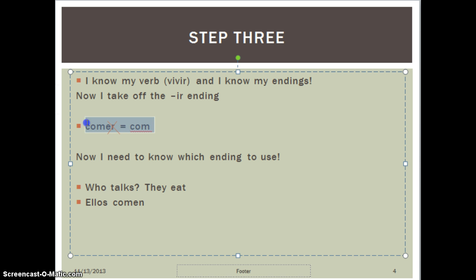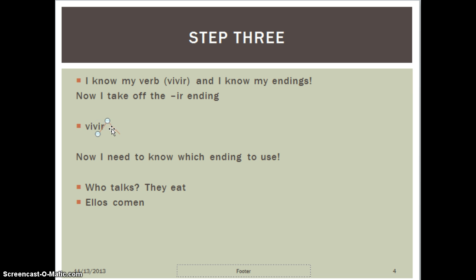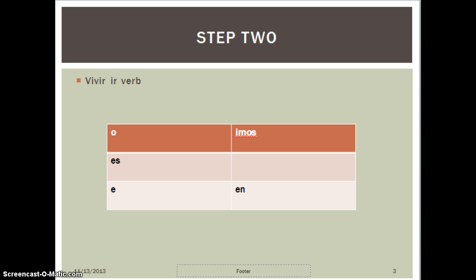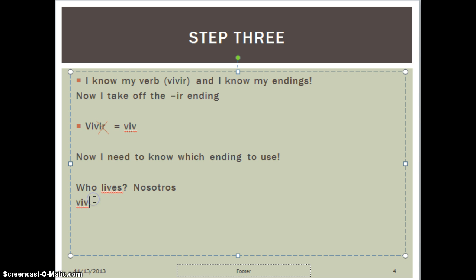We're taking off the IR ending, so I'm left with viv. Who lives? Let's say it's nosotros. We live. Okay? So I know I'm going to have viv. And if I don't remember my ending, I just go back to my chart. We is going to be imos. Nosotros vivimos.